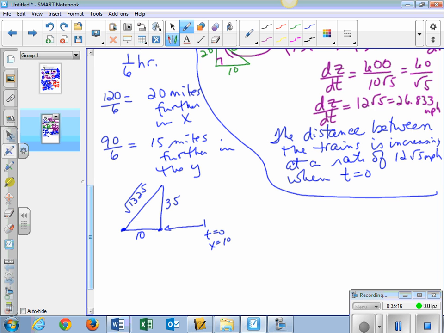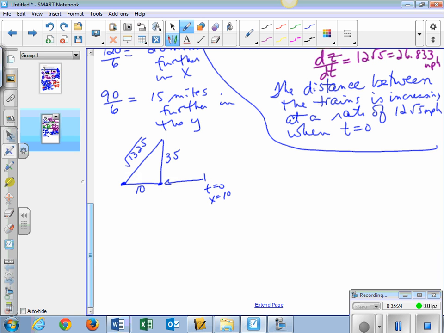So now my rate at which my x is traveling is now a positive value. So when I go to substitute in my x dx/dt, I'm plugging it into this equation, plus y dy/dt equal to z dz/dt.